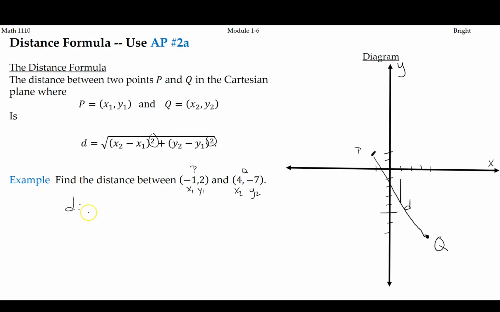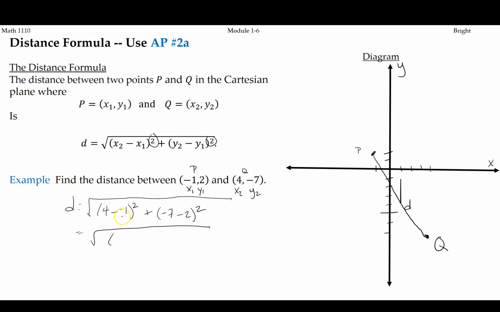Okay, so going ahead and plugging this all in. The difference in the x is x2, which would be 4, subtract -1, square that, plus, and then -7 minus 2 quantity squared. All right, so square root.